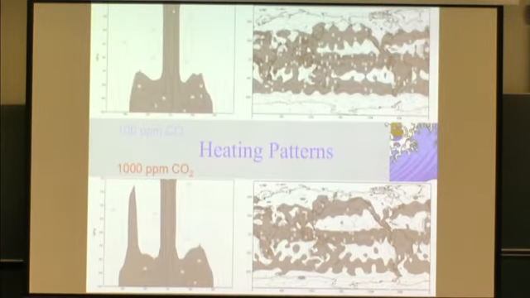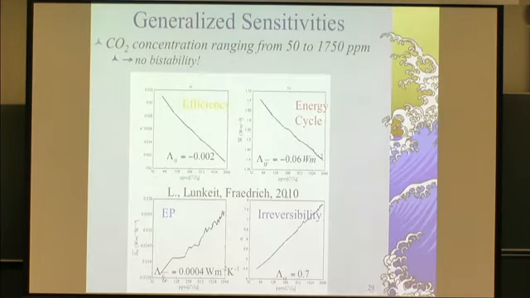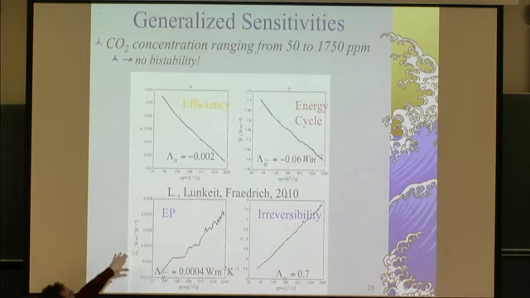Just saying that we can repeat the same experiment. Instead of changing solar irradiance, we can do a more classical climate change experiment and change CO2. By changing CO2, we stay in the warm, we never fall into the cold regime, and we can construct sensitivities of thermodynamic quantities like efficiency, intensity of the energy cycle, entropy production, irreversibility, with respect to CO2.